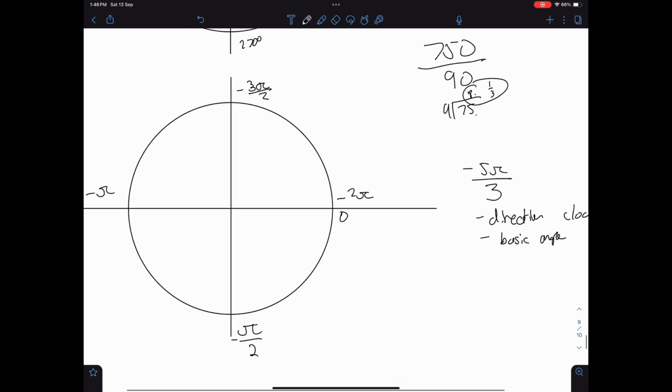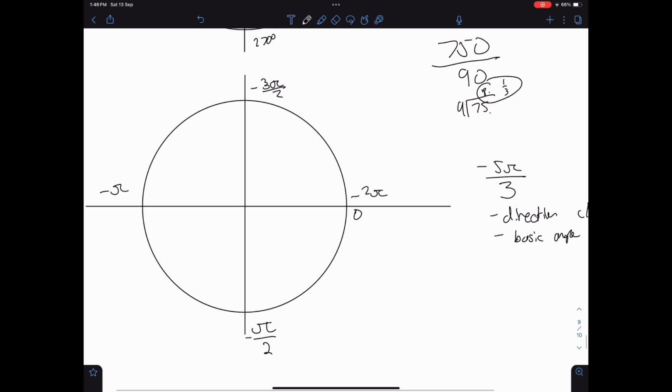And so now we need to do negative 5/3 pi. We know that that's greater than negative pi, and that's also bigger than negative 1.5 pi, which is this. This is about 1.67 pi.